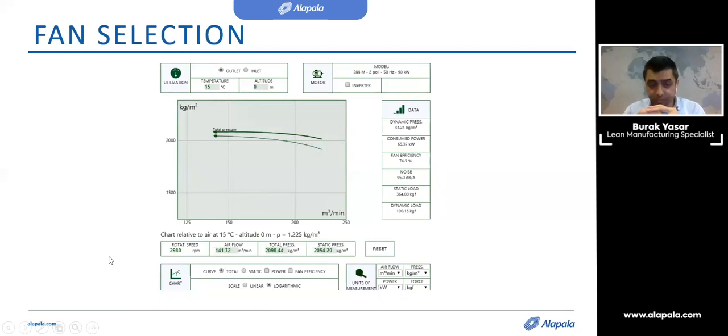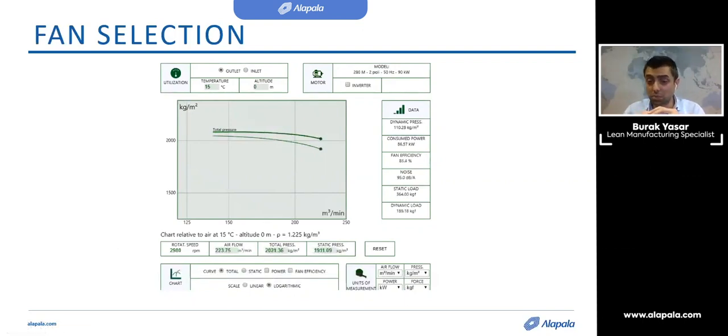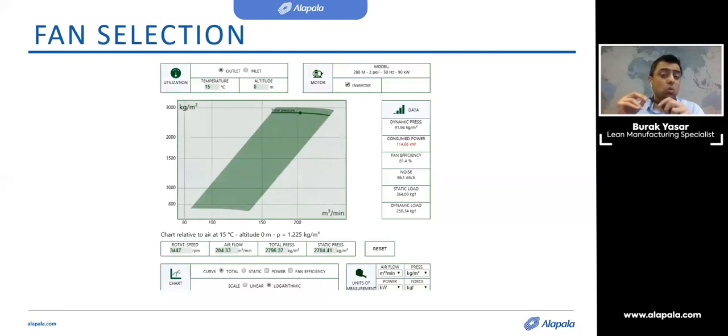As you see on the video, RPM is a constant value right here. That's why we have limited flexibility based on airflow value. But if we have the VFD device, we will have much wider flexibility according to RPM value fluctuation.